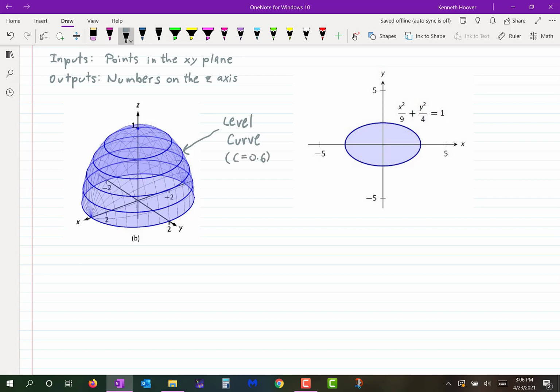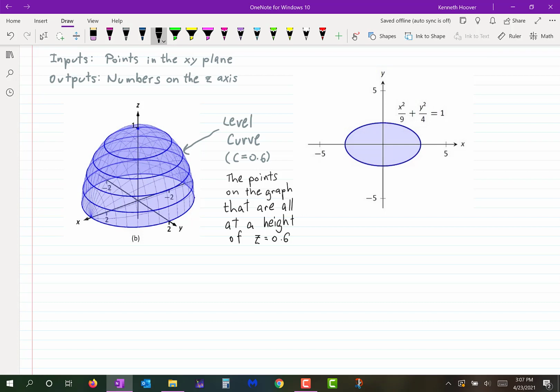Okay, so that is the points on the graph that are all at a height of z equals 0.6.